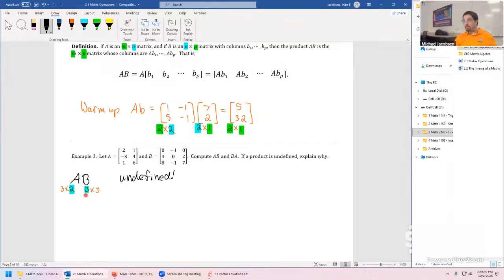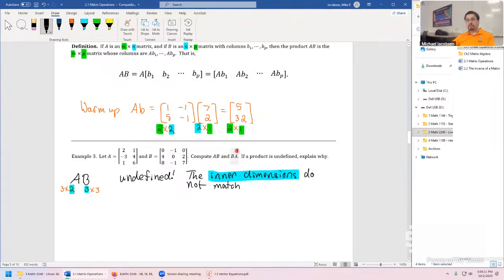If you want to paraphrase that, you might say the inner dimensions do not match. So that's kind of a weird problem to start off with, but it's good to know when things can't be done before you go to try to crank them out. So maybe this is the first most important example before we even get started. So A times B is undefined.